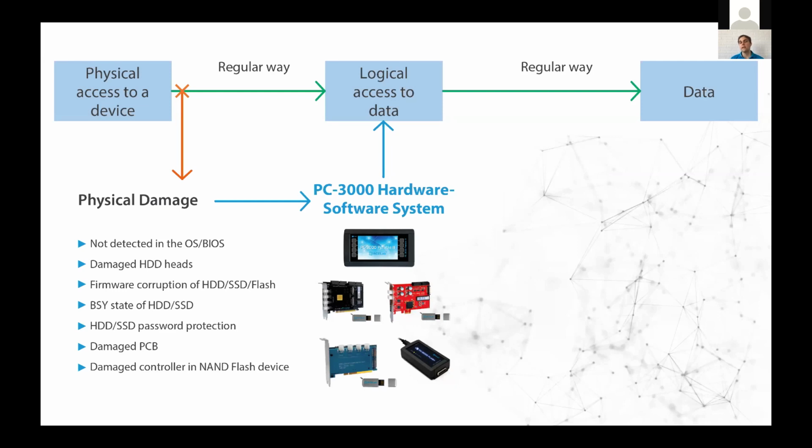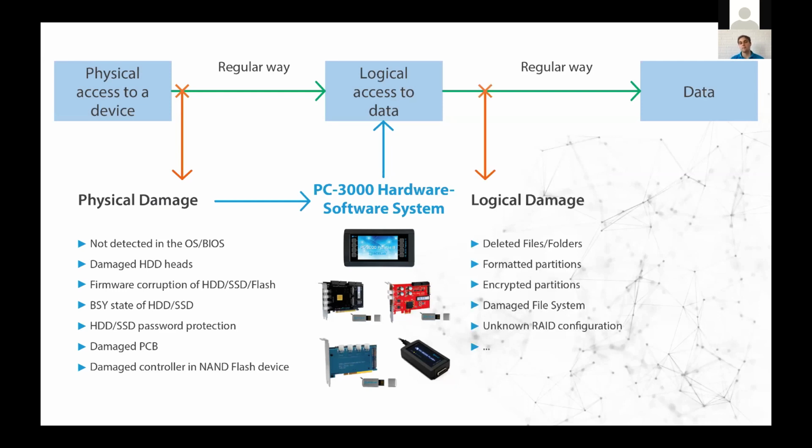When we can finally fix the internal structure of the drive and reach access to the logical area, there might of course be some extended logical corruptions or damages, for example, deleted files or folders, formatted partitions, a missing file system, a damaged partition, a damaged folder structure, and so on.